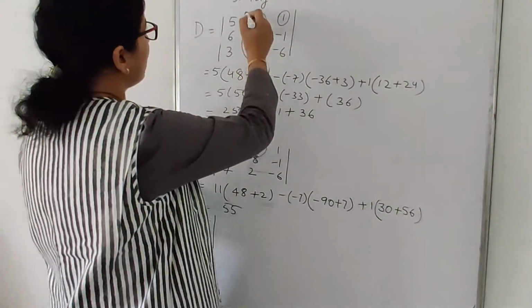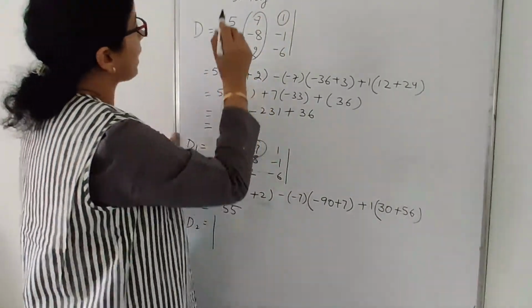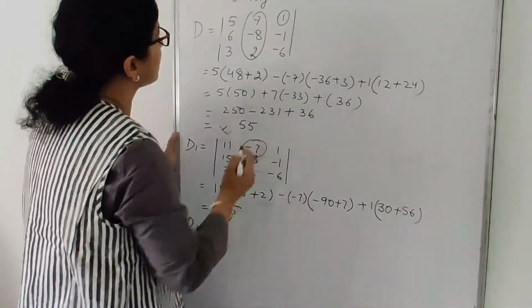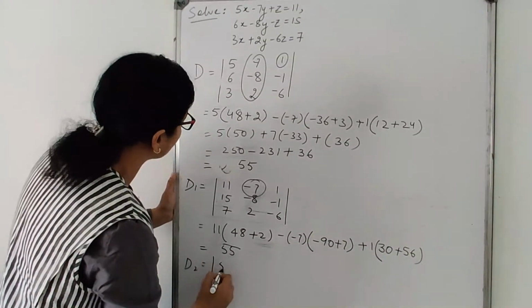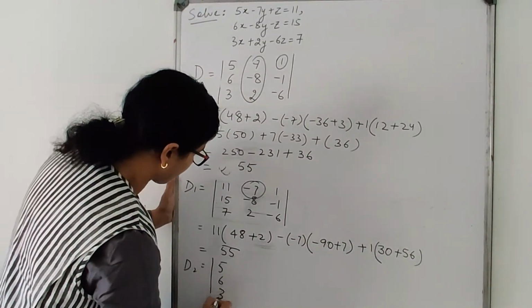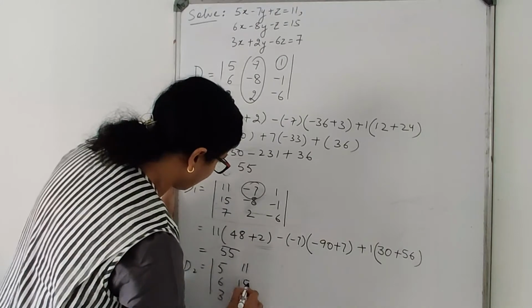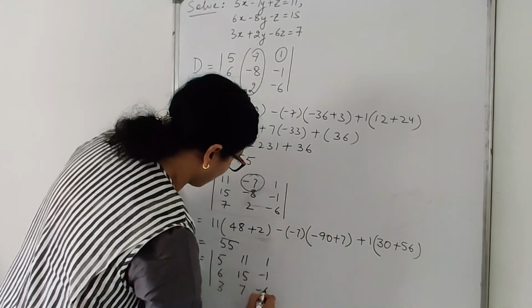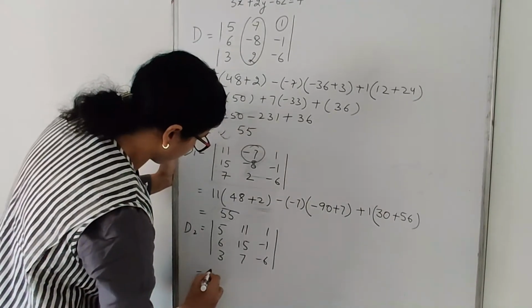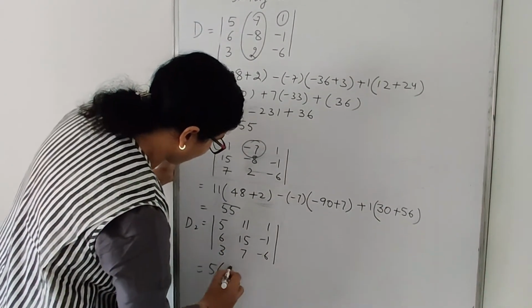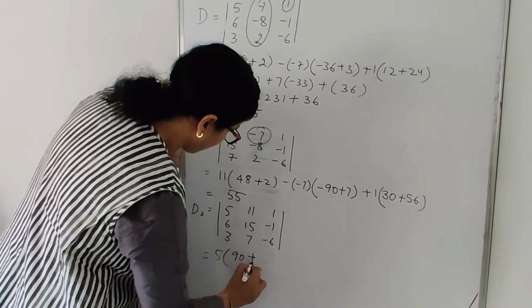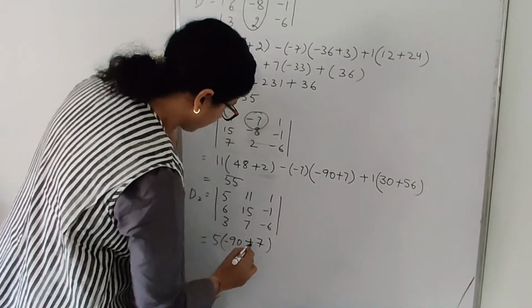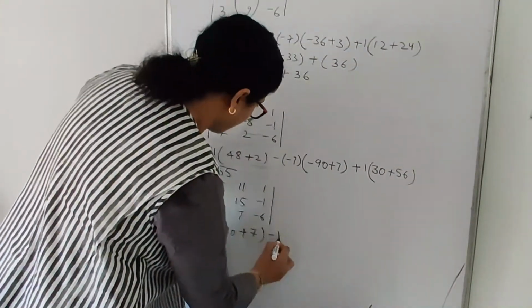For D2, again we will replace the y coefficients with the constants. So what are we getting? 5, 6, 3, 11, 15, 7, and I will get 1, minus 1, minus 6. So now 5 minus 90 plus 7, okay, minus 11.